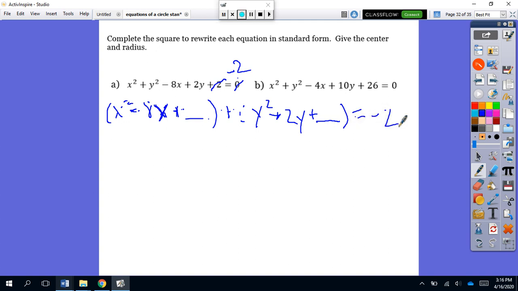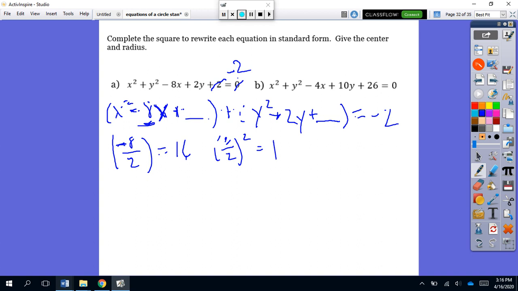Okay, so next step was half of this middle number, which is negative 8 over 2. Remember, this will be negative 4, but whenever you square a negative number, you get a positive. So that would be negative 4 squared, which is 16. And then the other one is 2 over 2 squared, which is 1 squared, which is 1.